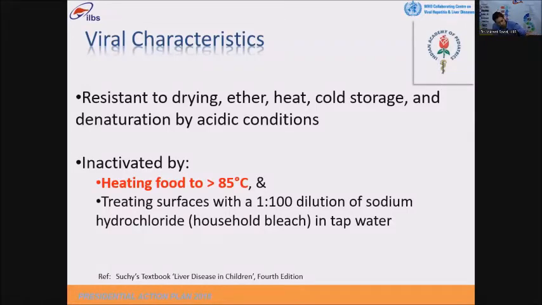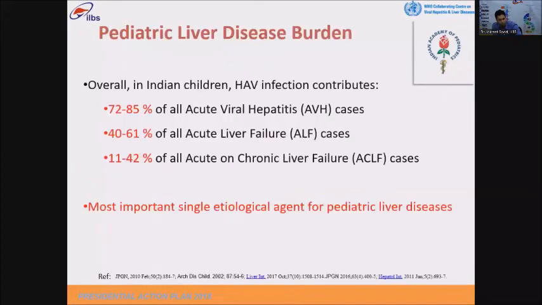If you heat your food to more than 85 degrees, or you properly boil your water, then hepatitis A and E get inactivated, they get killed. So the most important way to prevent hepatitis A and E is to drink clean water and eat properly cooked food. These are the only two simple measures that can help you prevent viral infection by hepatitis A and hepatitis E.